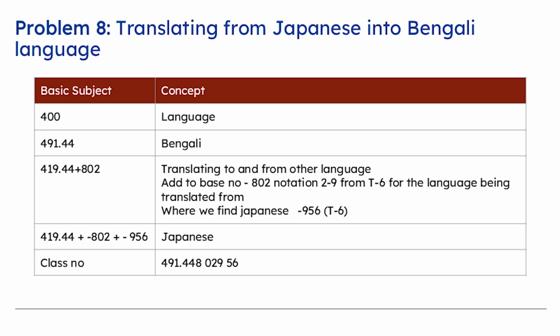If we go there, we see from table 6 dash 956. So we will add dash 956 to this 802 number. Dash 802 can be obtained from table 4, because table 4 is exclusively for 400. So the class number will be 491.44802956.